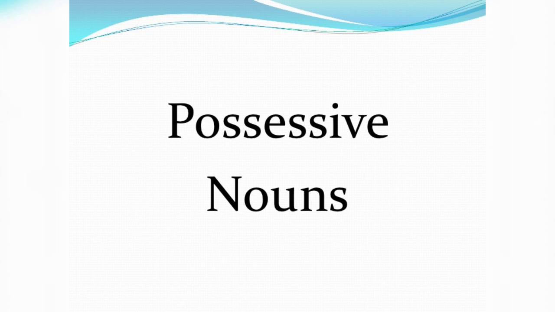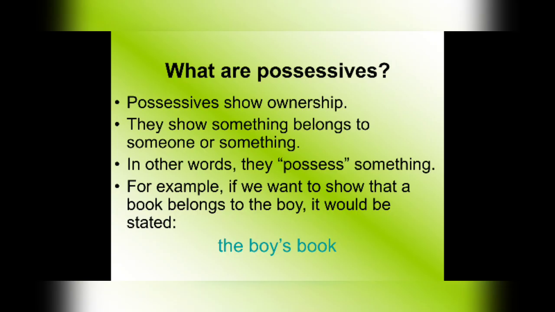So dear students, today we are going to learn about possessive nouns. So what is possessive, or what are possessives? Possessives show ownership. They show something belongs to someone or something. In other words, they possess something. For example, if you want to show that a book belongs to the boy, it would be stated as the boy's book.